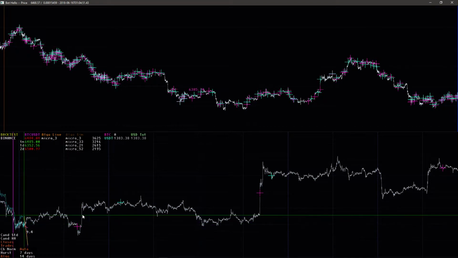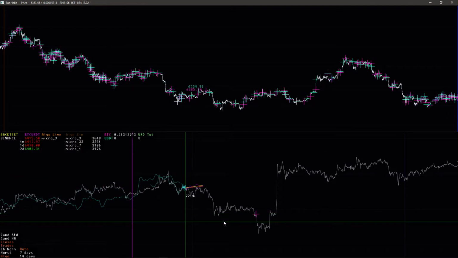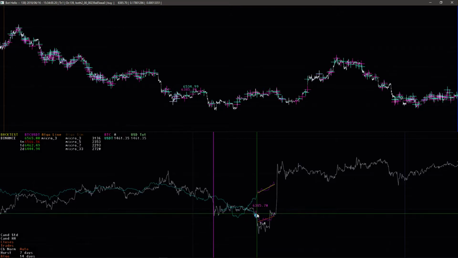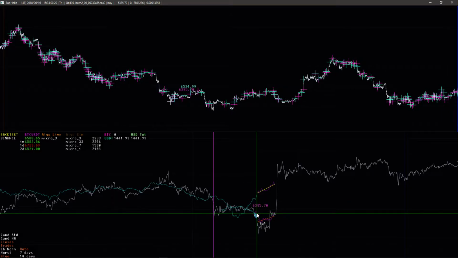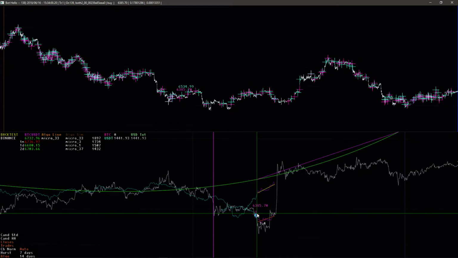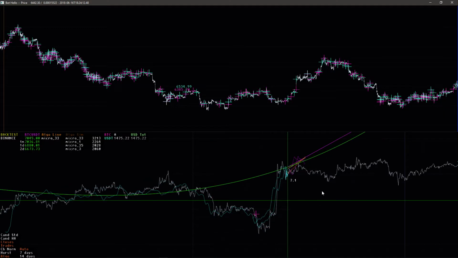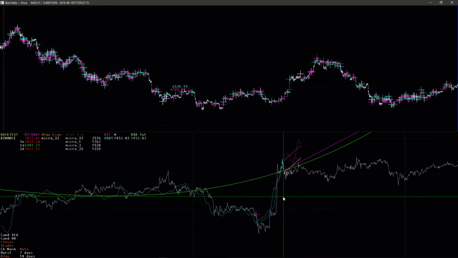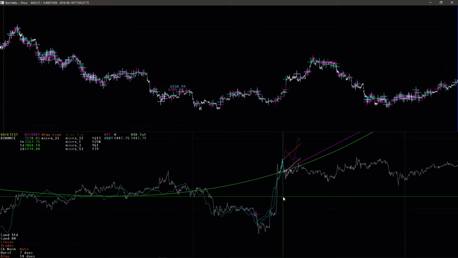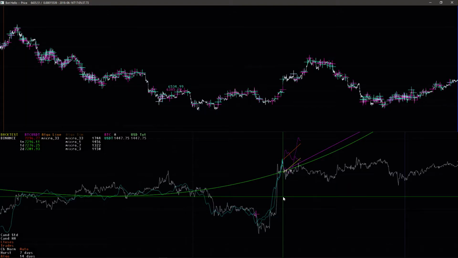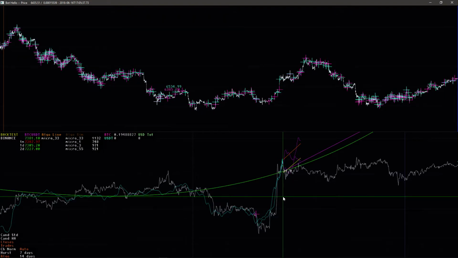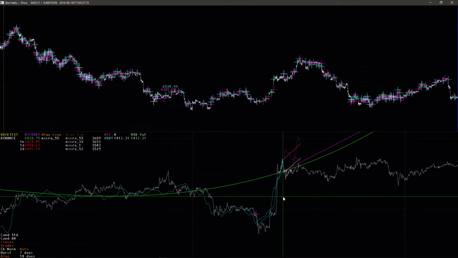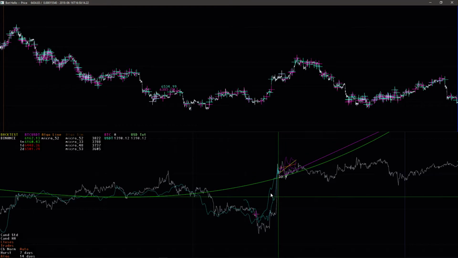Once that's done, we extrapolate a trend line for the possible future, which in this case we have two trend lines, one yellow, one orange. An additional curve that can be seen is this green curve. This is a spline approximation that we use to detect the overall longer term tendency of the market.